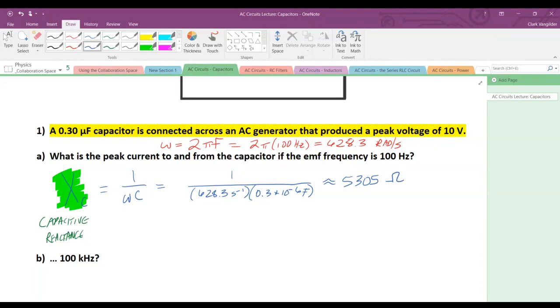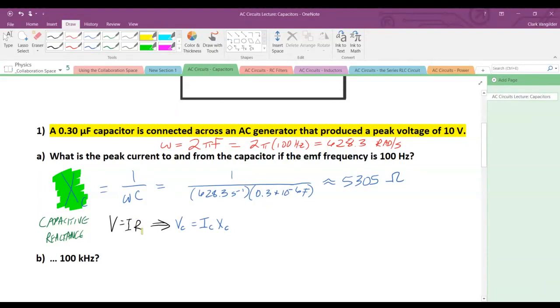So voltage is always, in a general sense, current times resistance, which means in this context, voltage across the capacitor will be equal to the current through the capacitor times its capacitive reactance.